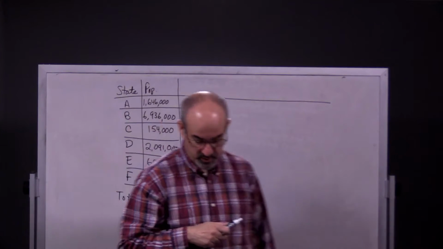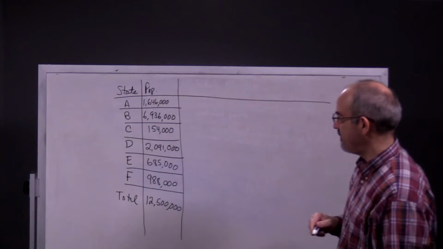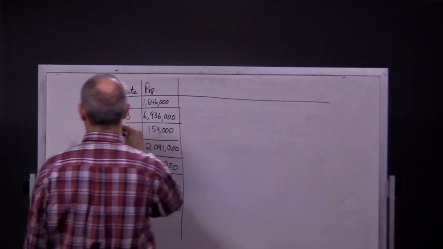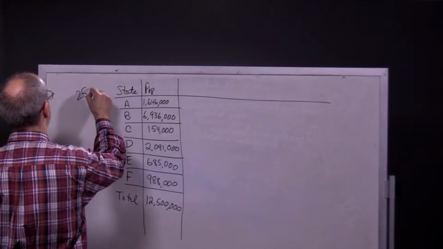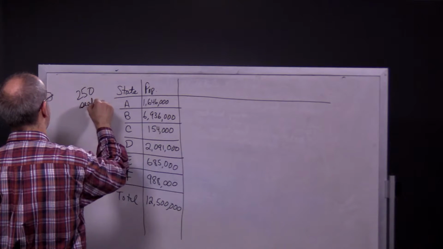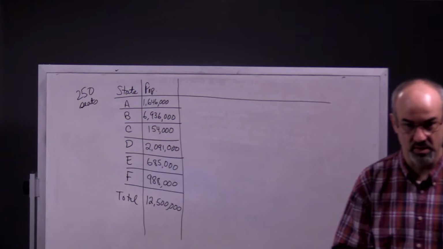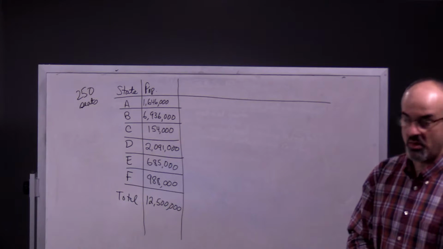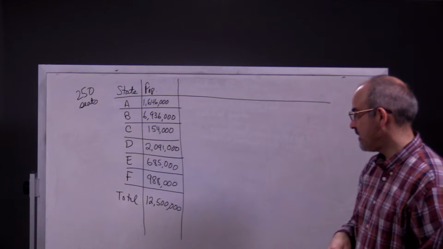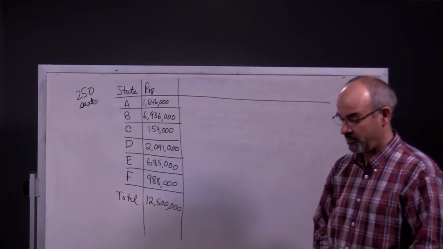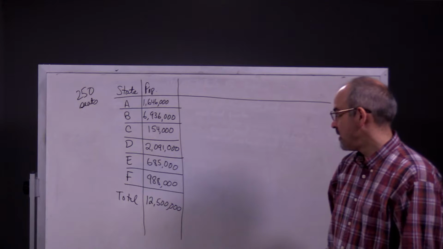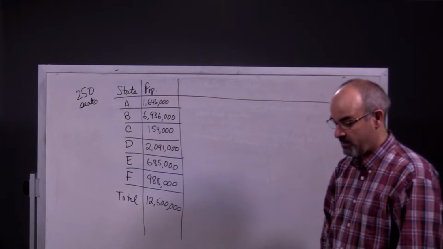So if you remember, there were 250 seats that needed to be divided up in this example. For this apportionment method, we're going to use the same numbers. So it's 250 seats, and we're trying to apportion them properly between all the different states.